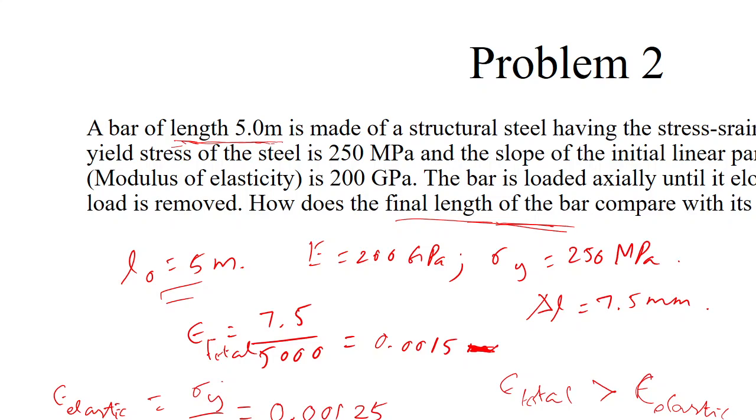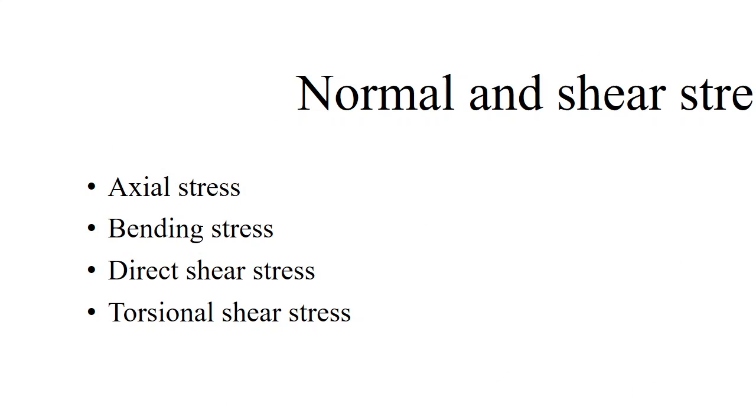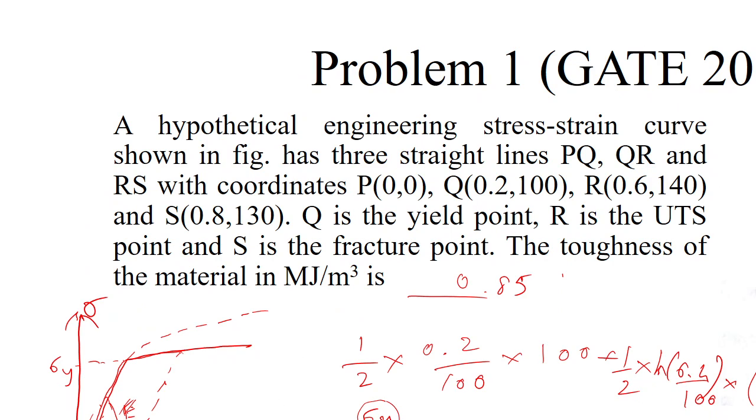Can you explain that elastic recovery part? See, this is the stress strain graph, right? We have a material which is loaded up to here. Imagine this is an elastic plastic material with strain hardening, which means the yield stress value increases with strain.